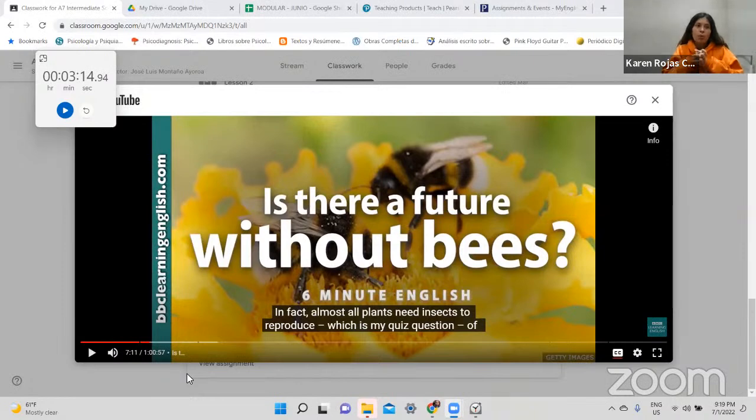first we need to get a solution to many environmental problems that we have. These problems affect in a directly or indirectly way.